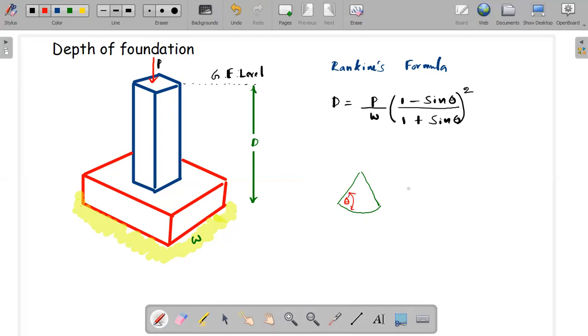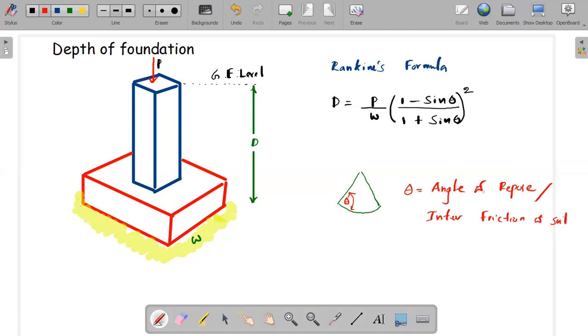Normally we say this theta is the angle of repose, or we can say this is the internal friction of soil.